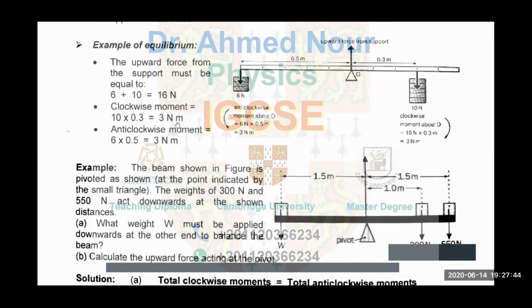This is the clockwise moment. Let's see the anti-clockwise moment: 6 Newton by 0.5, so the answer is 3 Newton meters. 3 and 3, so the clockwise moment equals the total anti-clockwise moment. So the two objects here are in equilibrium.